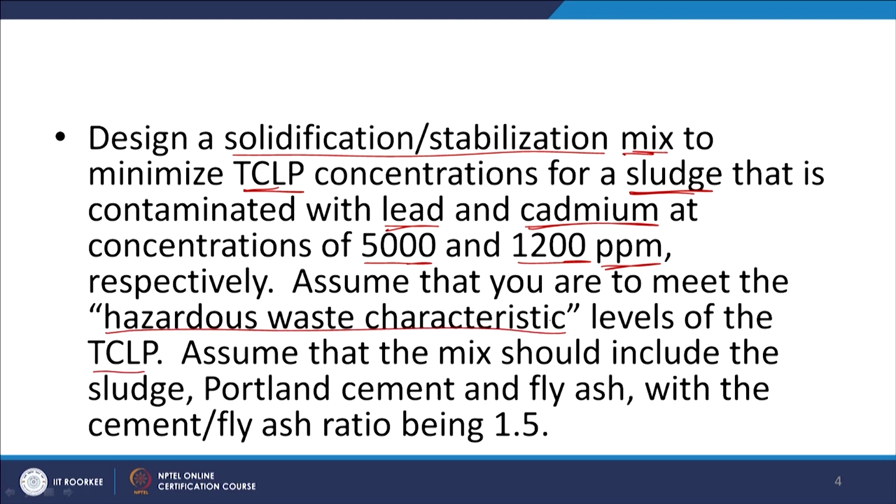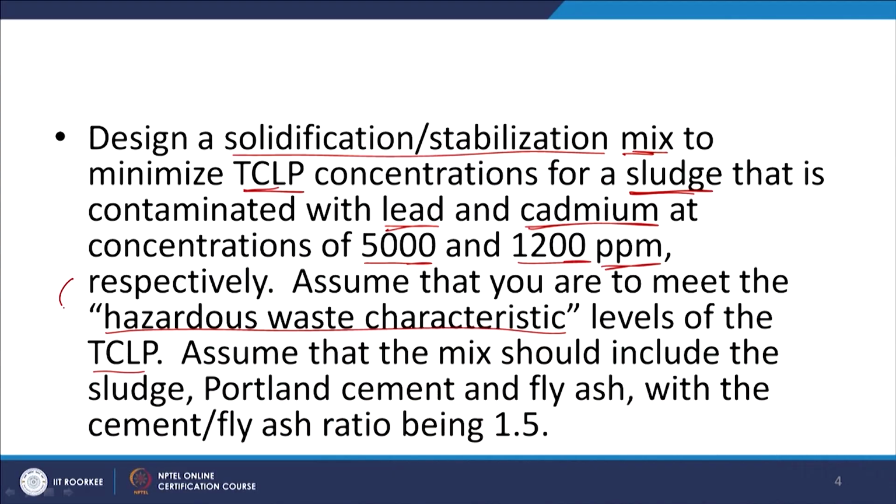Assume that you are to meet the hazardous waste characteristics levels of the TCLP. What does this mean? Once I conduct this test, I should be able to see that the relevant concentrations of lead and cadmium in that leachate, in the TCLP, are going to be lower than the concentrations, thresholds or standards given in the 2016 hazardous waste and so on rules, right.